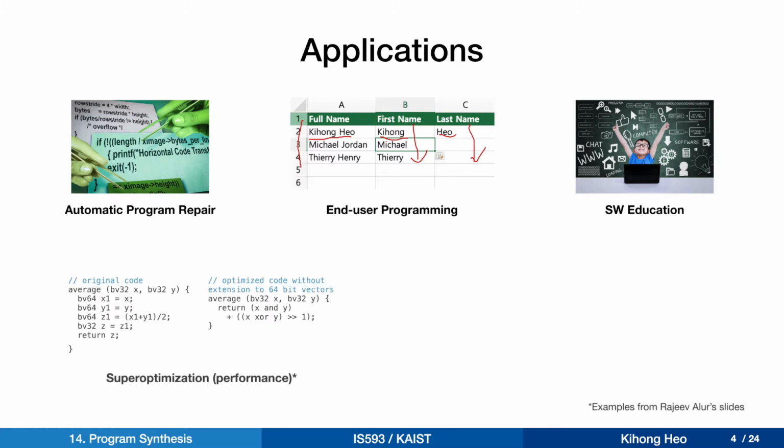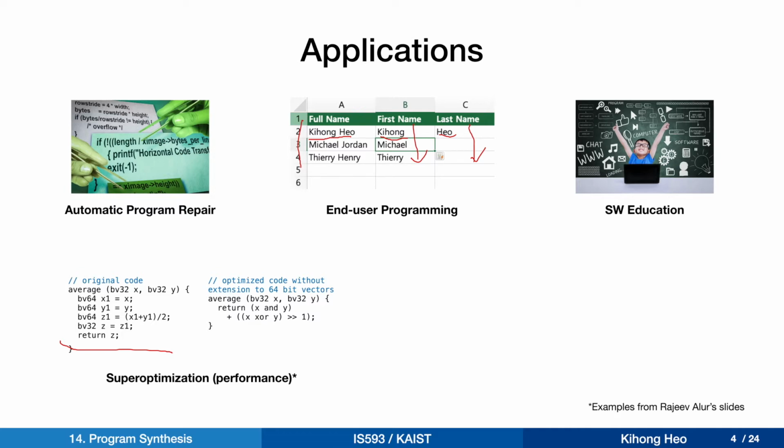Another important application is super optimization. This means program optimization, but much more aggressive than traditional compiler optimization. The code on the left hand side, as you can see, is the original code that has vector extension from 32 bits to 64 bits to compute the average of two vectors.